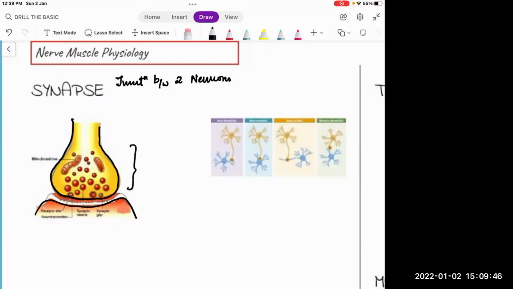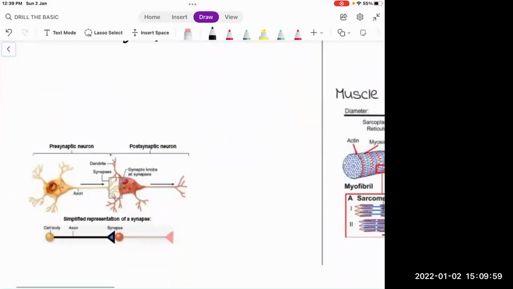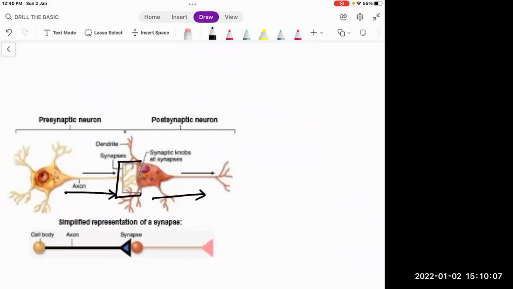This is called the presynaptic, and this is the postsynaptic terminal. The presynaptic neuron gives the signal, and the receiving neuron is the postsynaptic. In between these two neurons, you have the junction called the synapse.